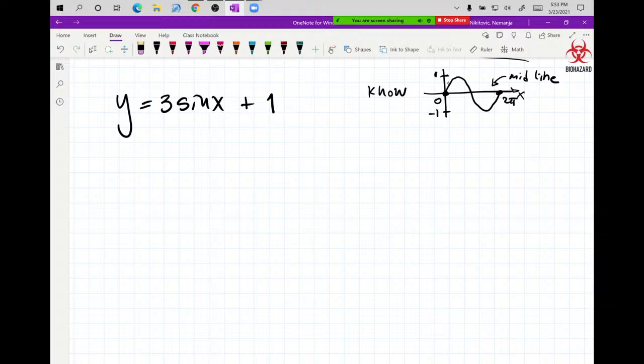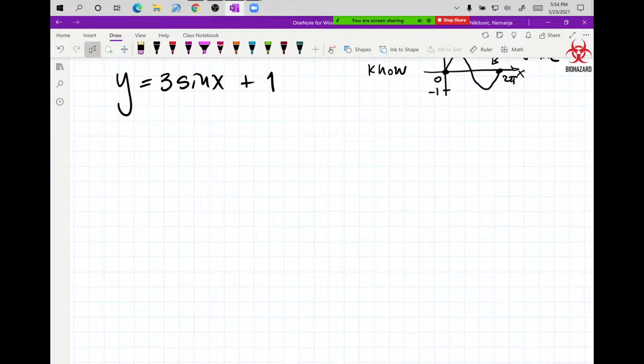And I'm just going to draw the basic period. Oh, actually, I have to move everything down because I also see a 3 there. So let's go here.